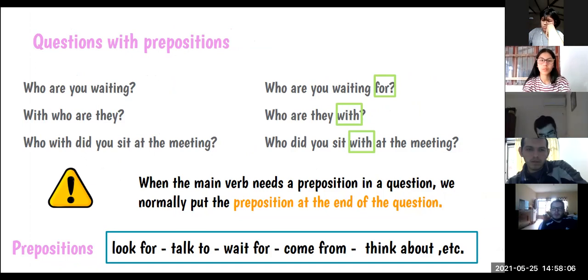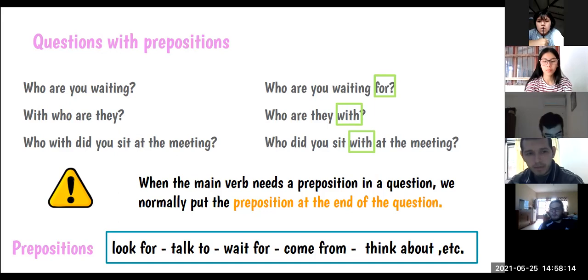Okay, any ideas? Any questions that you can ask with these prepositions? We had some of them in the exercises. I don't know if you remember. What are you thinking about, teacher? Yes, what are you thinking about?